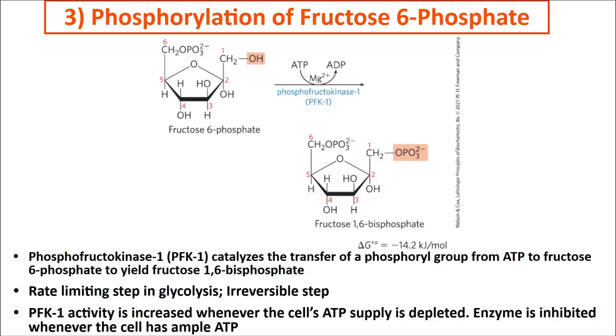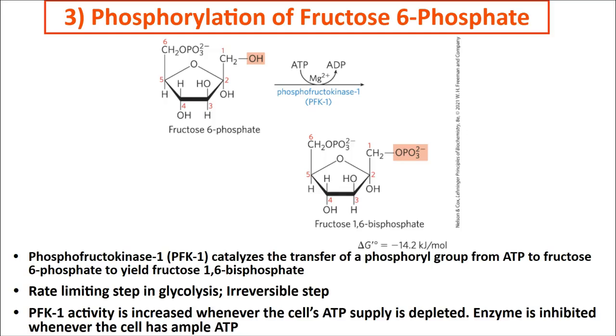This enzyme's activity is increased when the cell's ATP supply is depleted. That means we don't have that much ATP around, so we need to invest more ATP in the investment stage in order to make sure we get more of that payoff to start replenishing more and more ATP within our bodies.